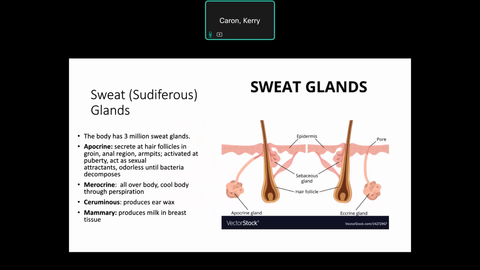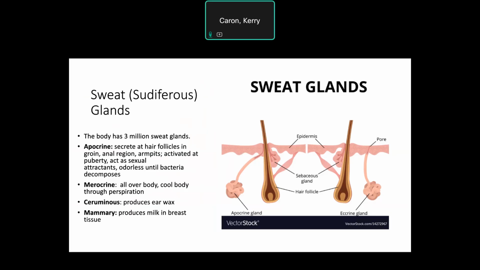We give off an odor in our sweat that acts as a sexual attractant. Just like animals, we give off a pheromone smell that is a sexual attraction.